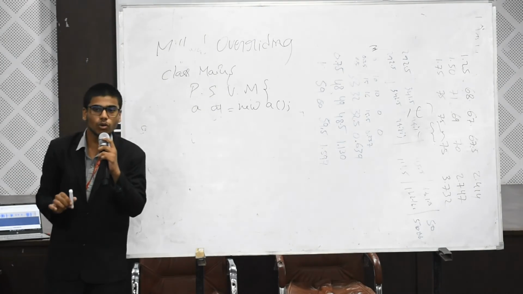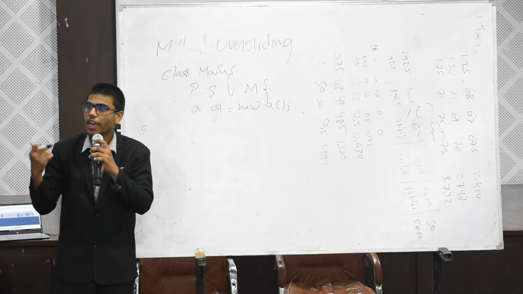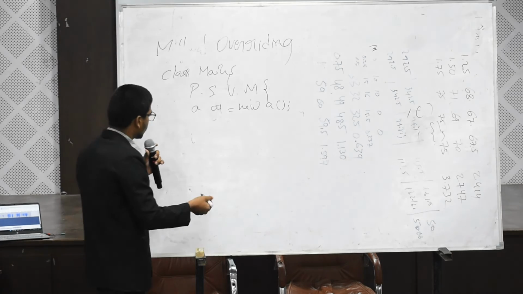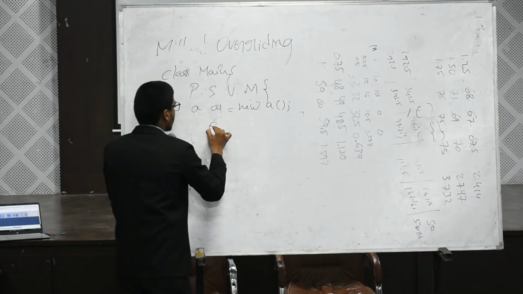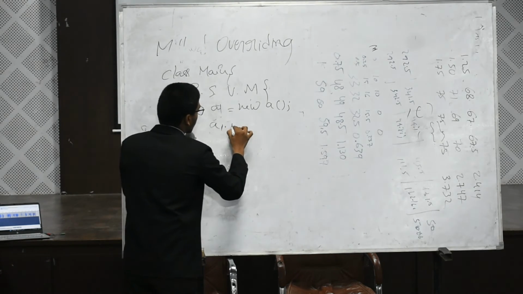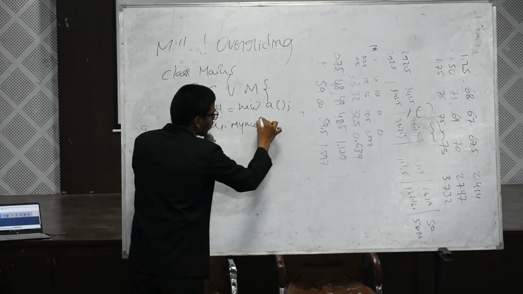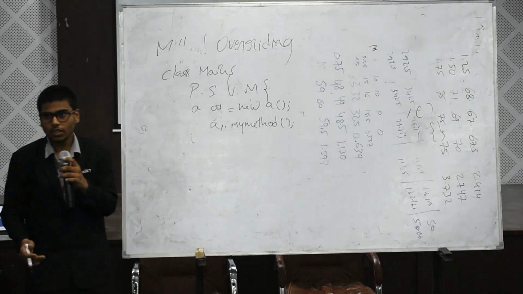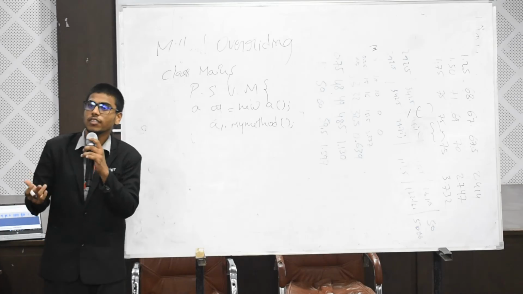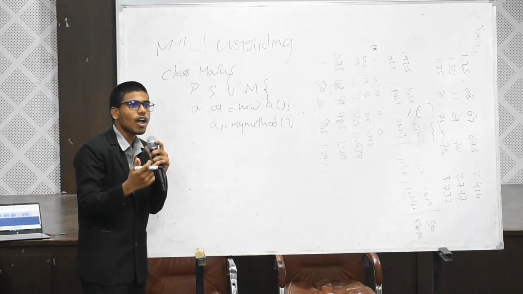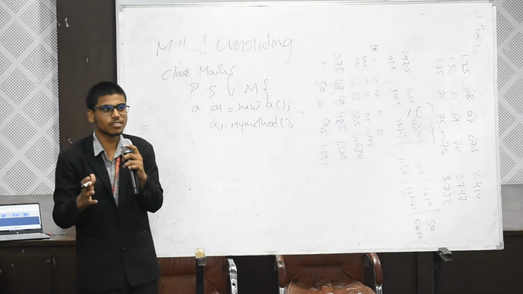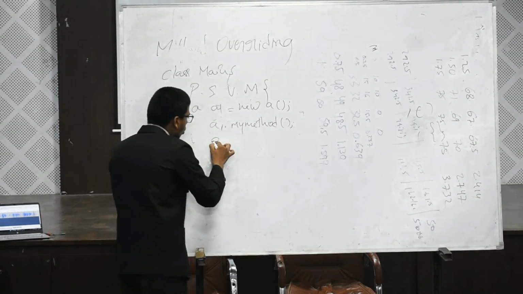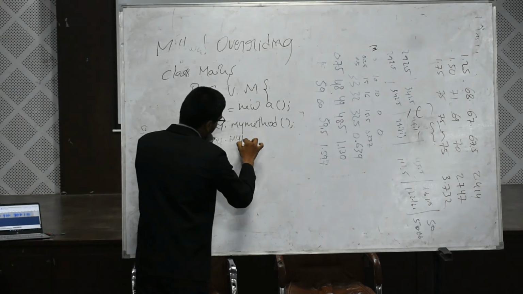Now I'm going to call the two methods that I have written. I'm calling a1.myMethod without parameters, the first method that I have given. Again, I'm calling the second method, to which I gave two integer parameters.